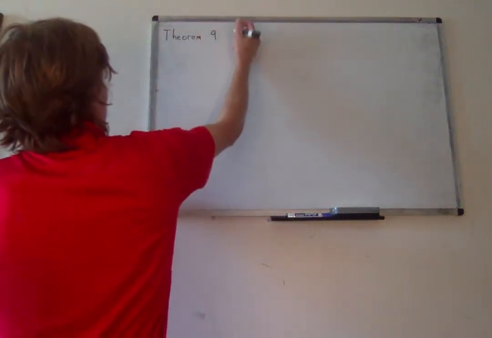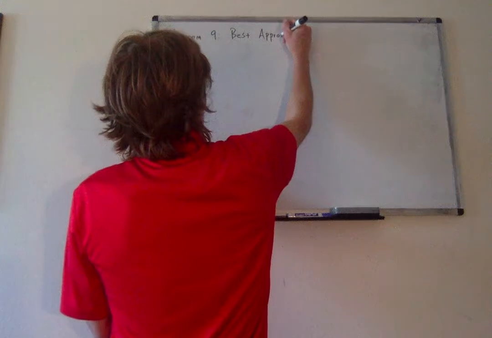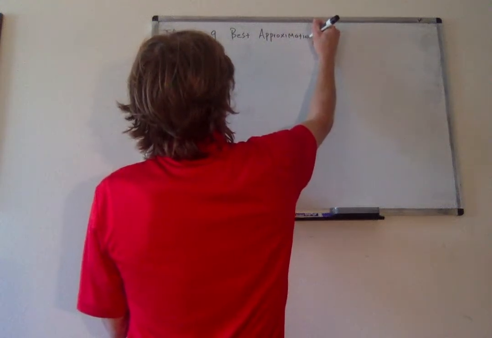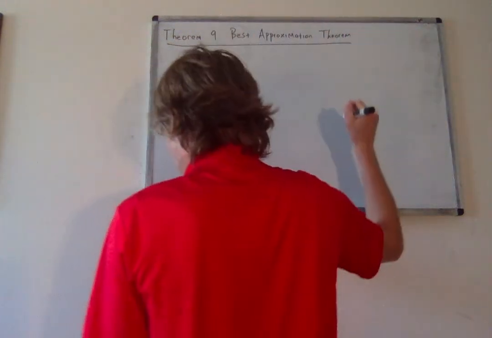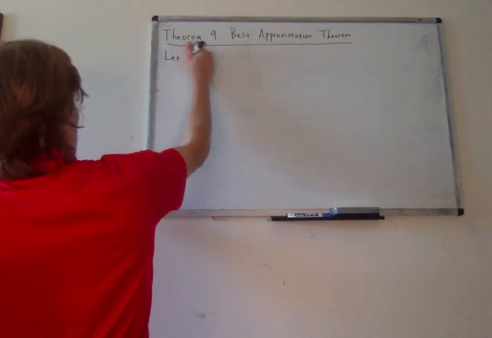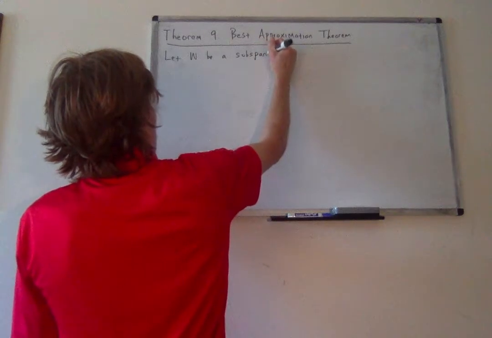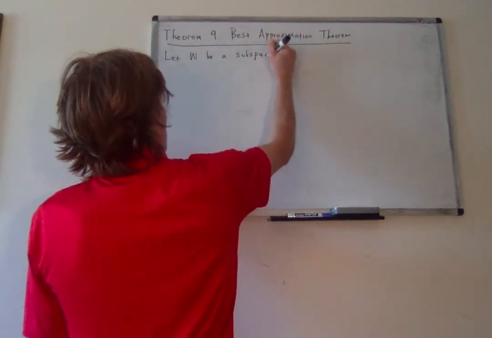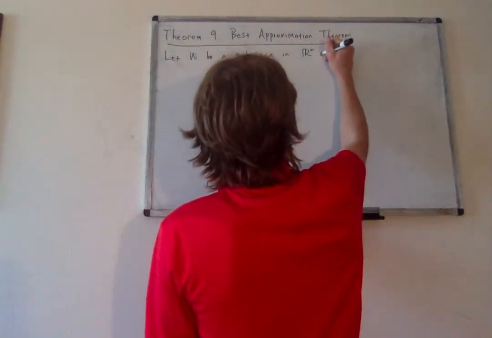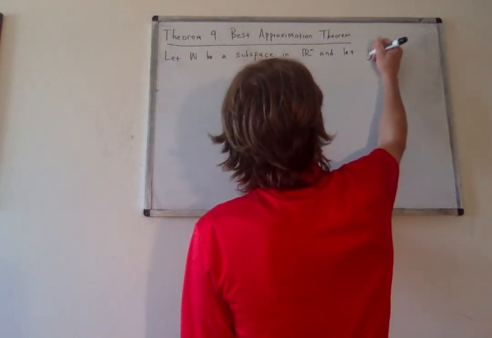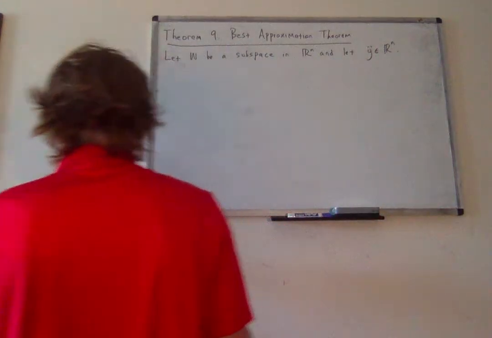So this is called the best approximation theorem, and this will prove the claim that I've been making about the vector z. Let W be a subspace in Rn. We're going to let y be any vector in Rn. So y might be in W, it might not be. We don't really care.